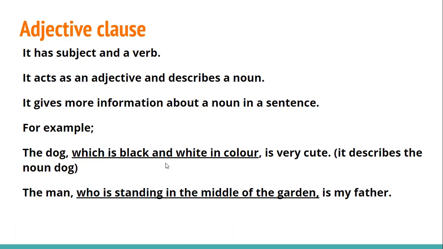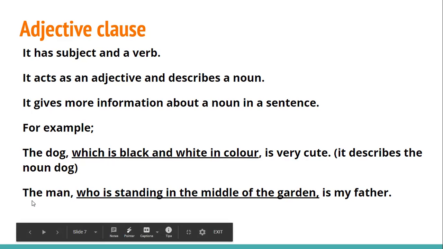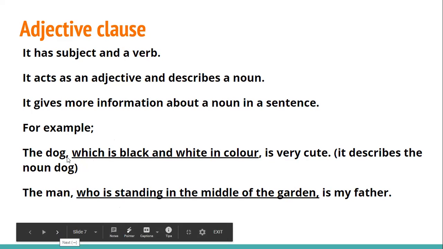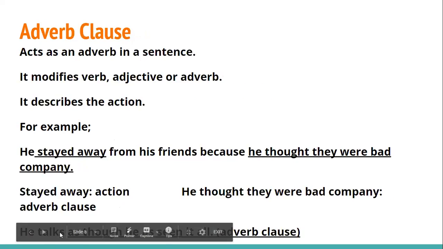Here "which is black and white in color" is an adjective clause as it describes the noun "the dog." In the second example, "the man who is standing in the middle of the garden is my father," the adjective clause is "who is standing in the middle of the garden," as it describes the man.